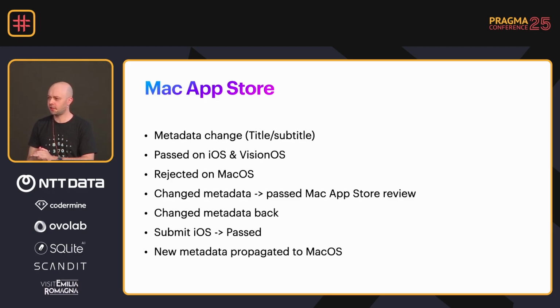It was rejected after 3-4 hours, a very short time. I went to check why, and they said, you cannot use names of third-party applications in your title or subtitle. I went back to check, and my app had already been approved with the same subtitle and was available on iOS. The name had also already propagated to macOS, so it was already there.